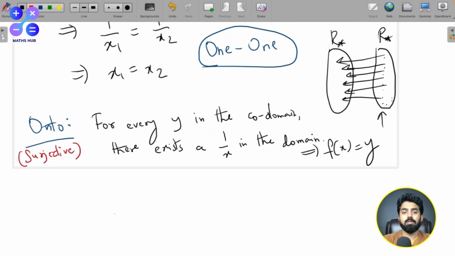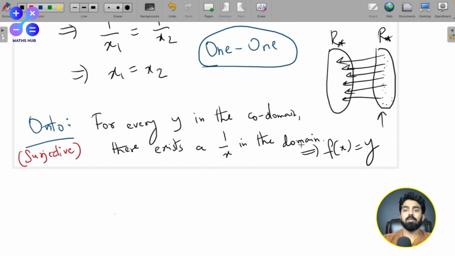That's what I was telling you, right? So you need to prove that every single element in this codomain has at least one element in the domain. In this case, it happens to be 1 by x because that's how f of x is defined, right?